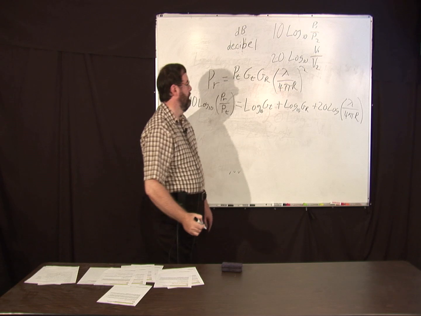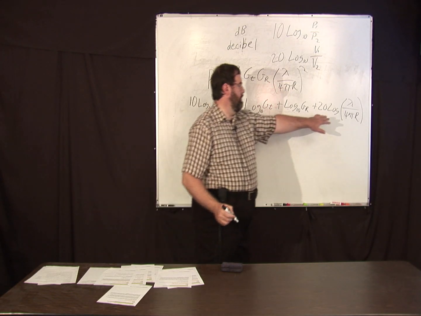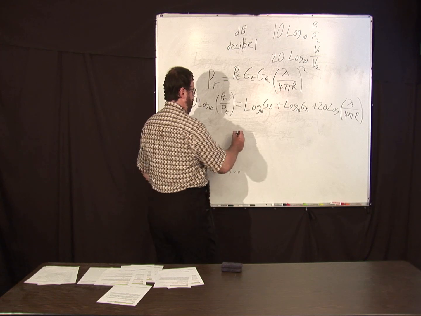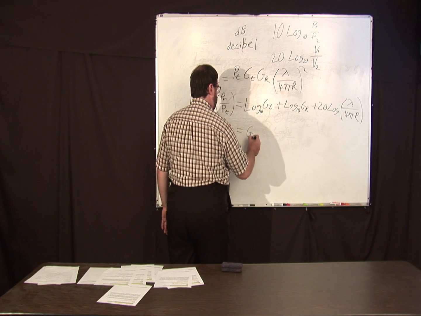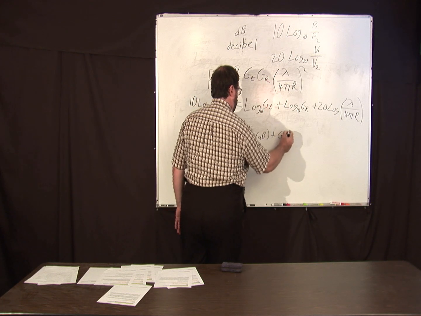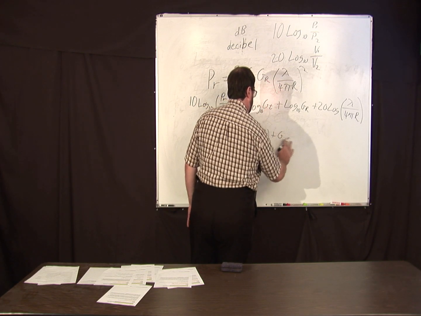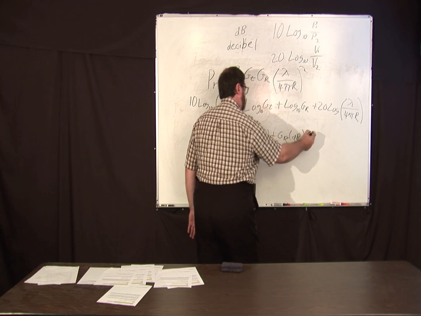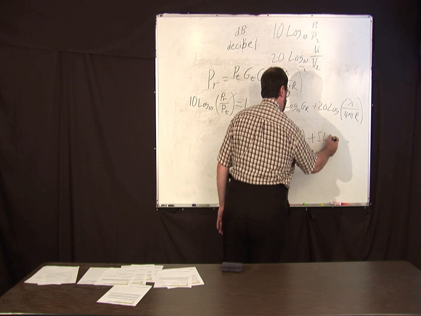Well, this last term here is generally called the space loss. So this is equal to the gain of the transmitter in dB plus the gain of the receive antenna in dB plus the space loss in dB.